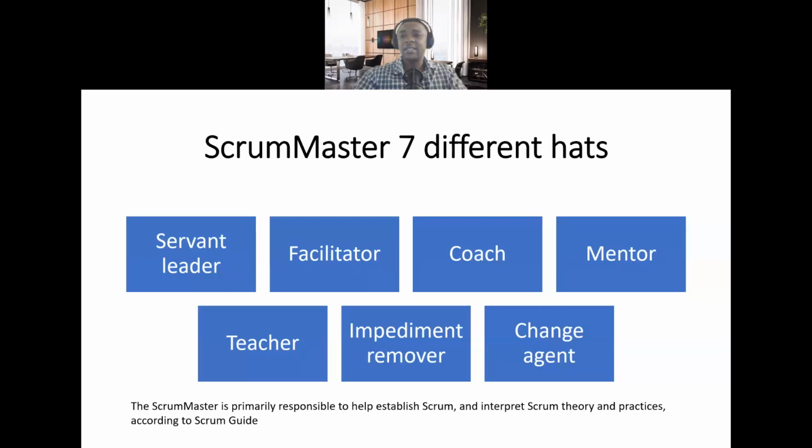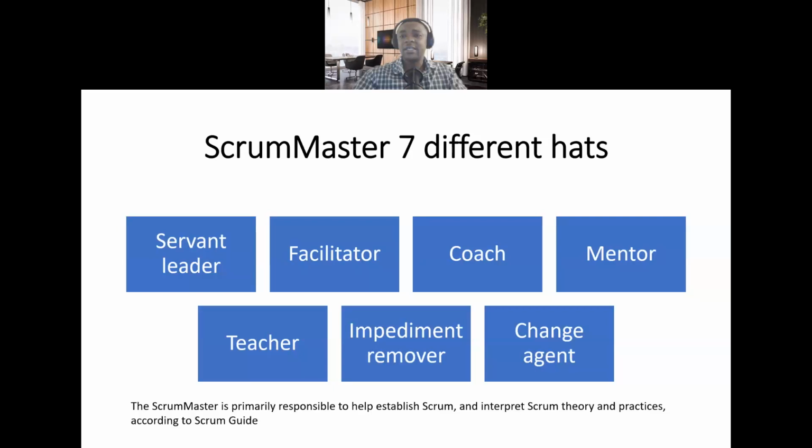But when a Scrum Master is having a one-on-one interaction with either a developer or a tester or any of the stakeholders, he is mentoring the person involved. So coaching has to do with, most of the time, a public space, while mentorship goes on behind closed doors in terms of one-on-one.